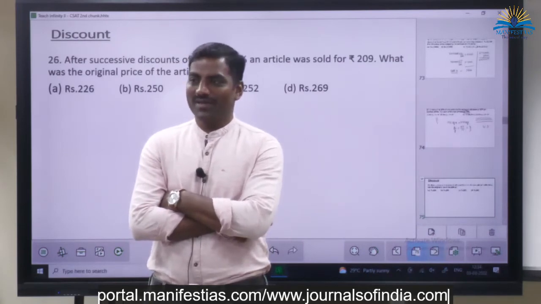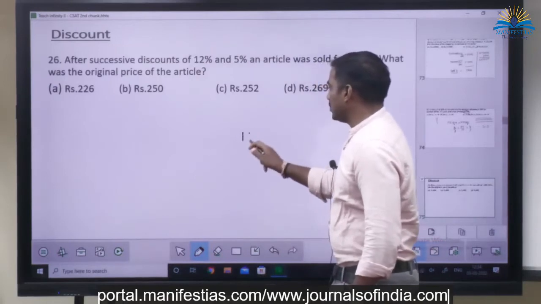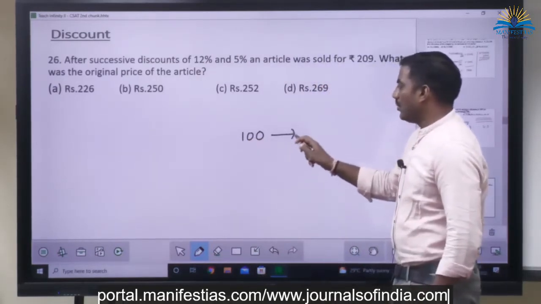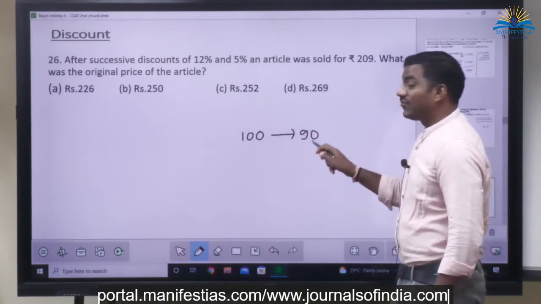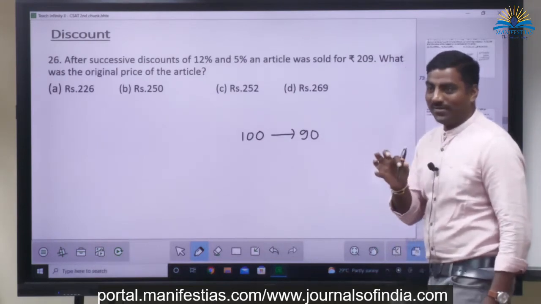Because let's say the price of the goods is 100. After 10% discount, what will be the price of the goods? And if somebody tells the wrong answer here, I'm going to throw this pen for sure.